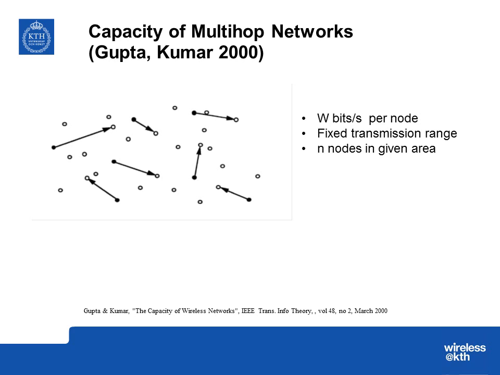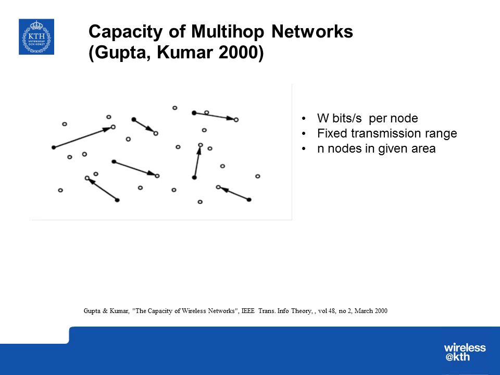Well, in 2000, Gupta and Kumar posed this question: what happens if we have a number of nodes in a given area, and each of them is transmitting with a fixed bit rate, and there's a fixed transmission range?